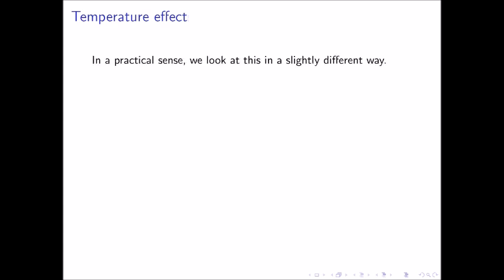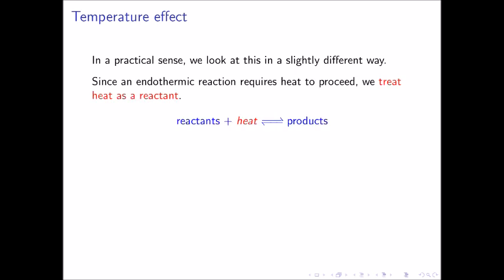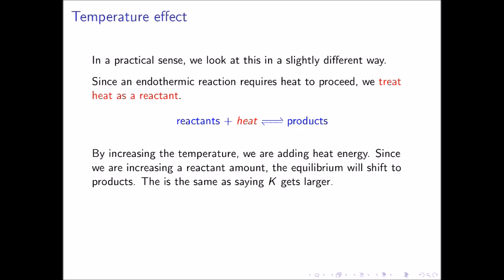From a practical point of view, we approach this in a slightly different way. An endothermic reaction requires heat energy to proceed, and therefore we treat heat as a reactant. By increasing the temperature, we are adding in heat energy.